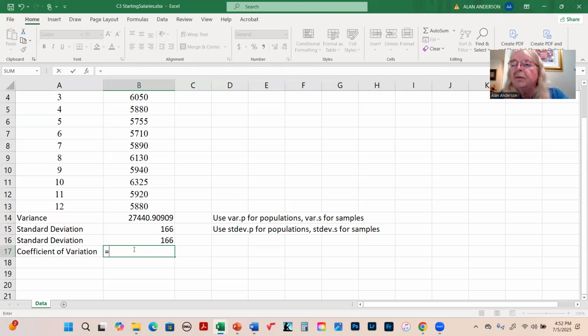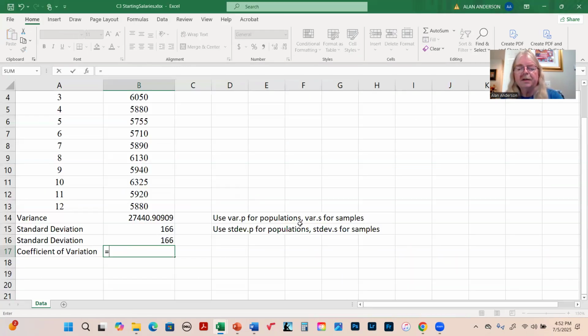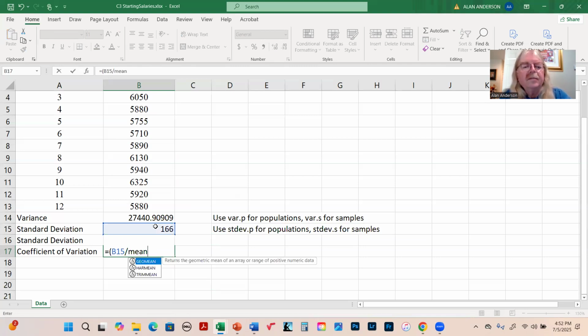So what we will do is we'll need the average or mean. And then, as we saw here, the coefficient of variation is the standard deviation over the mean times 100. So we know the standard deviation. The mean, we haven't calculated it yet, so we have to do it right here.